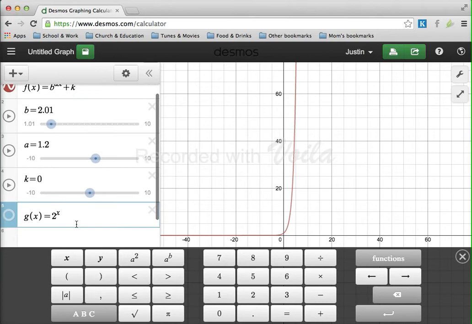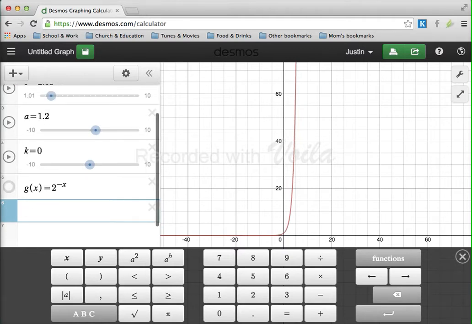So let's pretend we're looking at this g of x function now, this one right here. If I'm talking about a negative exponent, that would be like saying, well, a negative x, so 2 to the negative x. And what is that function going to do? Well, we have an exponent rule to describe this.